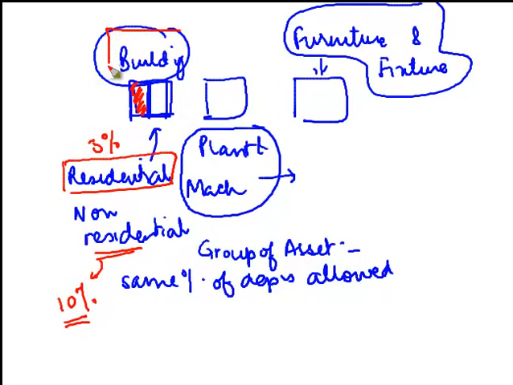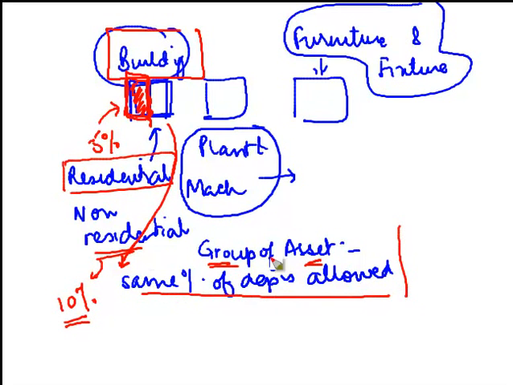So while building is one block, even within this building block, there are two separate blocks, one on which 5% depreciation is allowed and one on which 10% is allowed. So for income tax purposes, each of them by itself constitutes a separate block. Why? Because it is one group of assets on which the same percentage of depreciation is allowed.